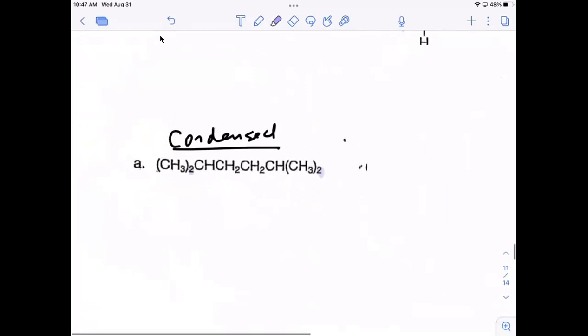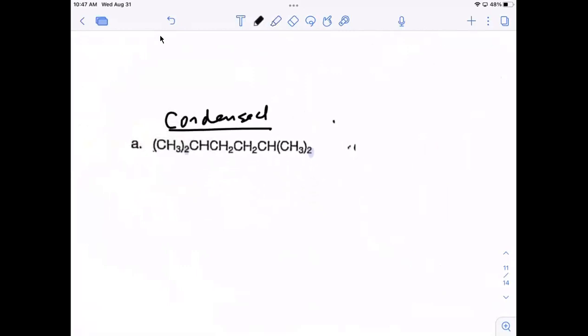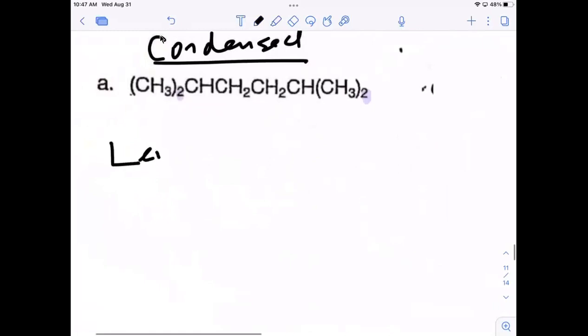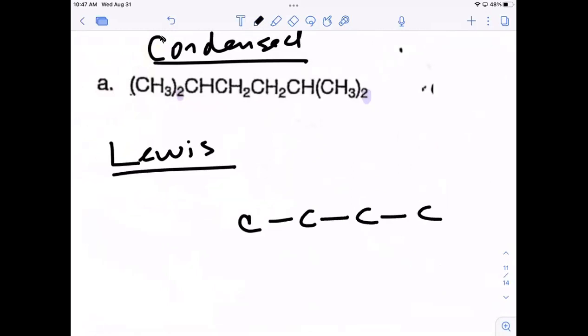So what I want to do is draw this out in Lewis form. We're going to take all the carbons, draw them out and show the bonds between them. And then on this carbon, the subscript 2 means that there are 2 CH3 groups attached to that. So I'm going to draw those out like this.